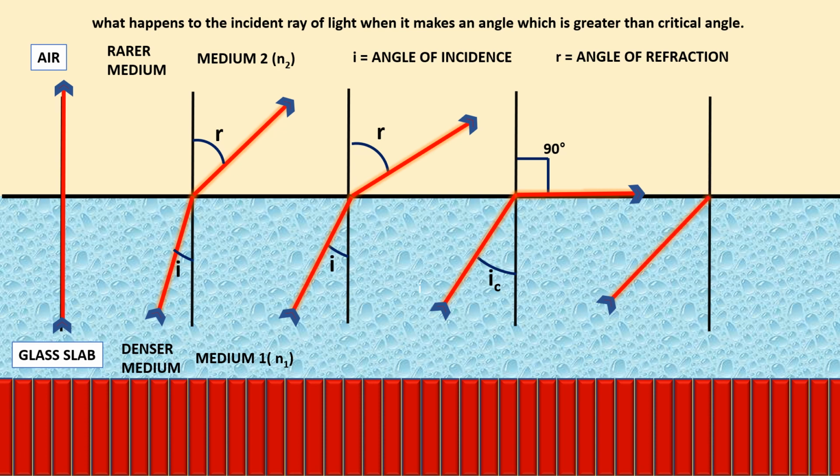Now focus the light ray such that it is making an angle of incidence which is greater than critical angle. At this moment, what happens? So we see that instead of refracting, the light ray bends into the same medium. This phenomenon is called total internal reflection.